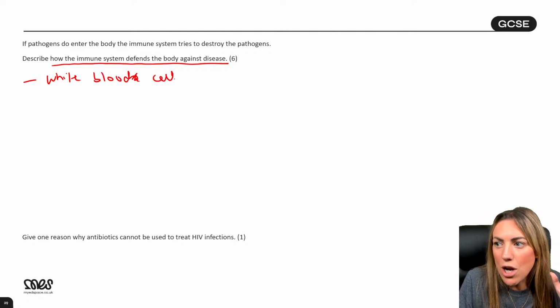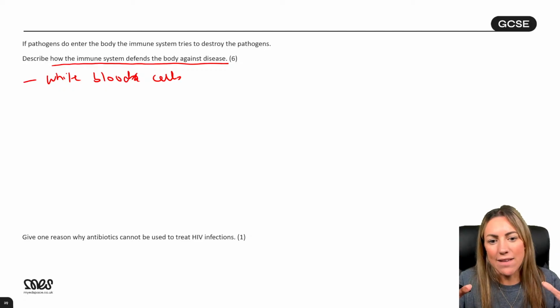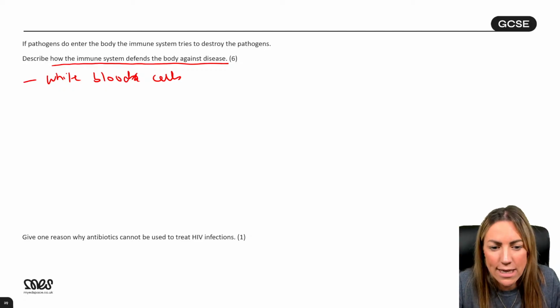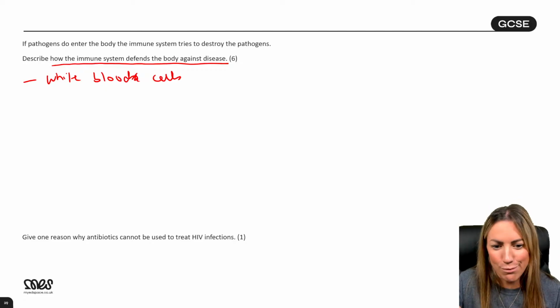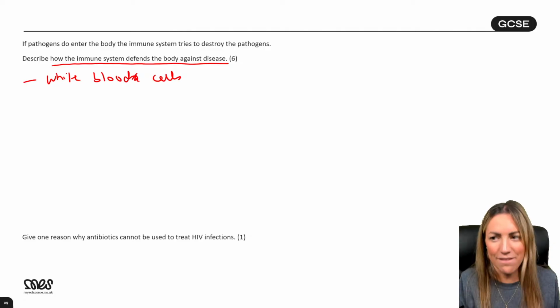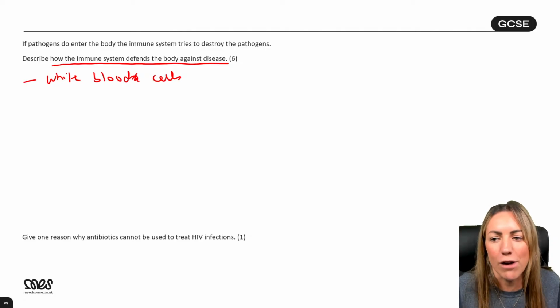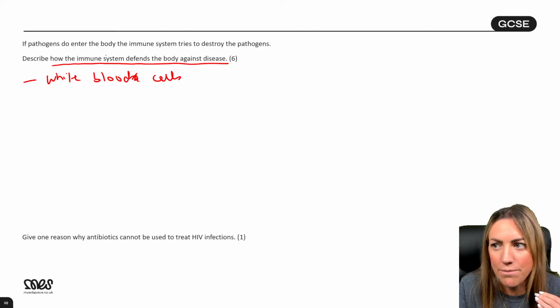Do you know one of the biggest mistakes that I've seen on this kind of question is people just say your body kills pathogens, your body makes antibodies, your body makes antitoxins. Can we be more specific? We're talking about white blood cells. When we see immune system, we're talking about white blood cells.